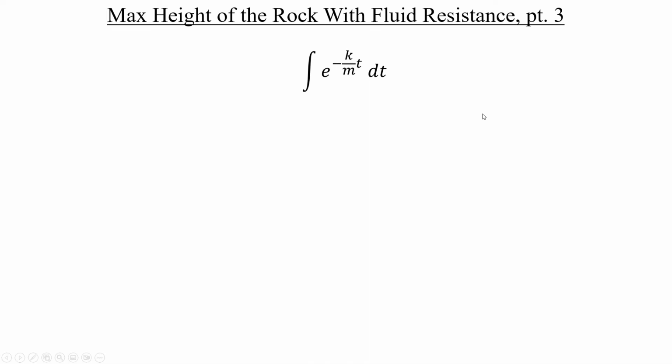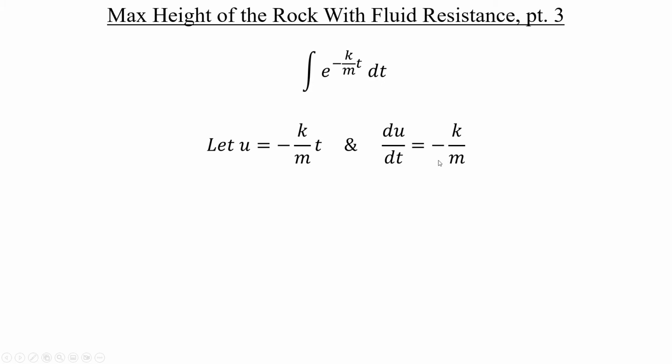To do a u substitution, we're going to grab this innermost function here and set that to a new variable, u, hence the name u substitution. You can use whatever letter you like, but that's just the standard. So here I've taken u equal to our innermost function, and then I've also, on the right side, taken a derivative of both sides of this left equation with respect to time.